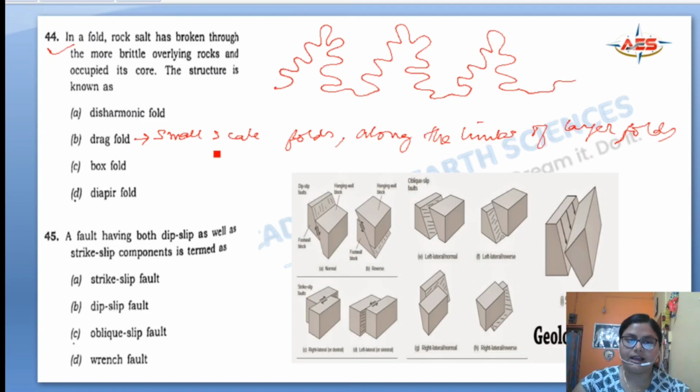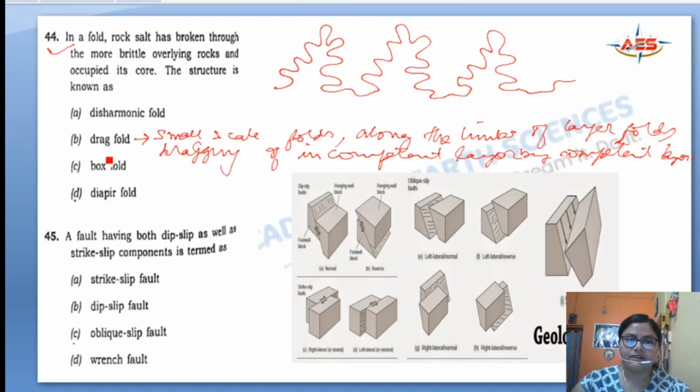Okay, and they are formed due to the dragging of the incompetent layer by the competent layer. इसके वजह से drag fold बनता है. जनरली larger scale folds में when the limbs are characterized by small scale folding, these folds have developed due to the dragging of the incompetent layer by the competent layer.